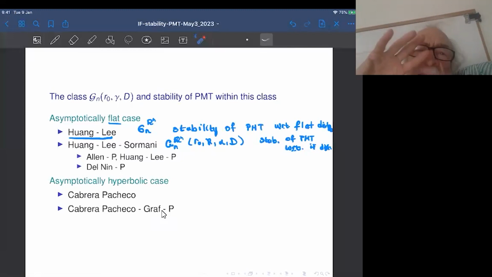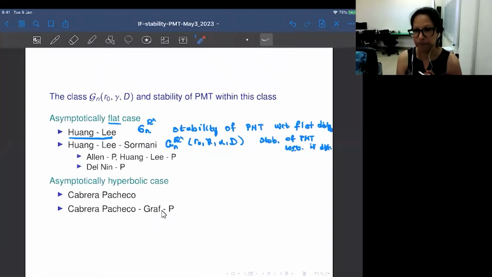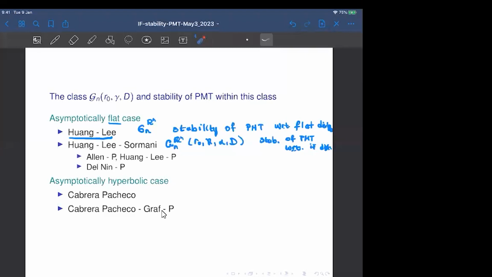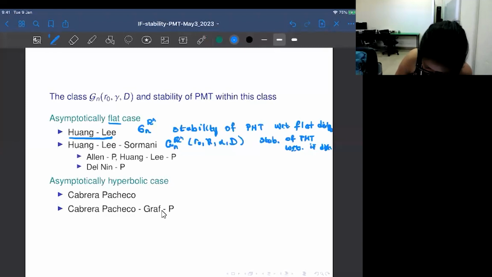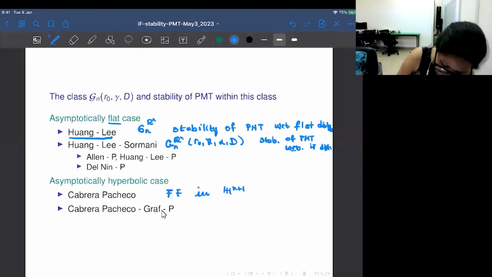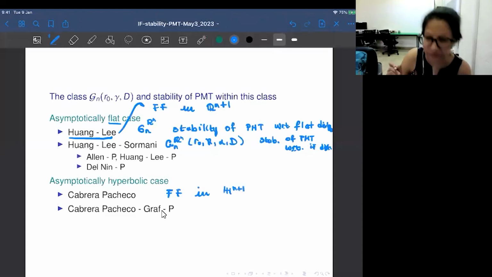It's kind of extrinsic. Extrinsic, namely in the ambient hyperbolic space. Yes, yes. Okay. That's what Huang and Lee did? Yes, and what Cabrera Pacheco did is Federer-Fleming flat distance in H^(n+1), and Huang and Lee, Federer-Fleming flat distance in R^(n+1). Yes.